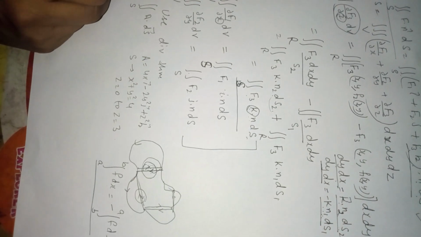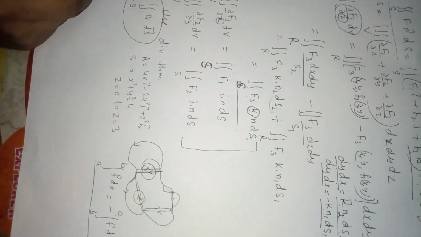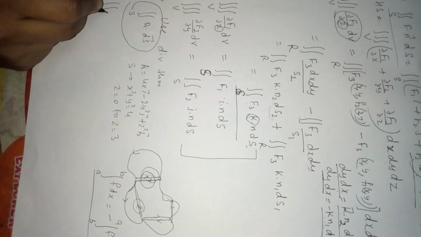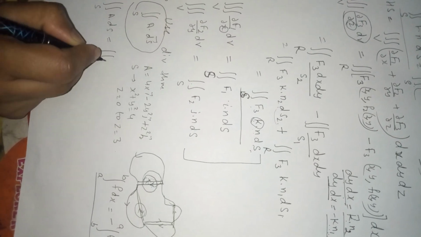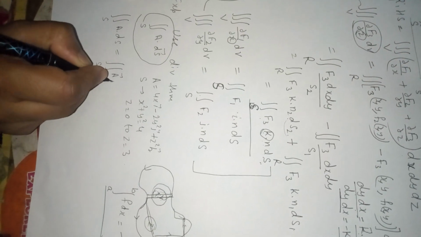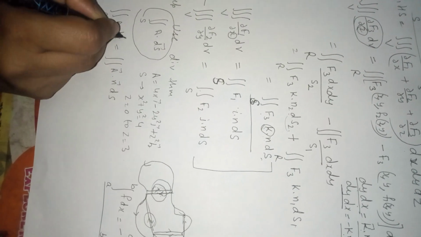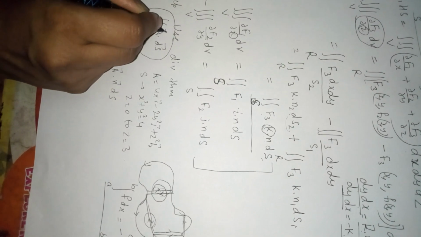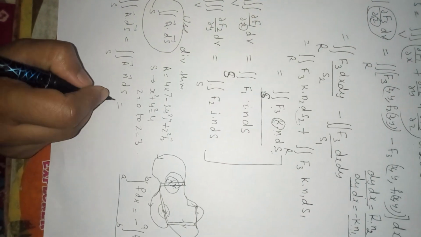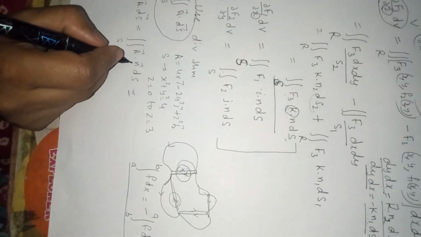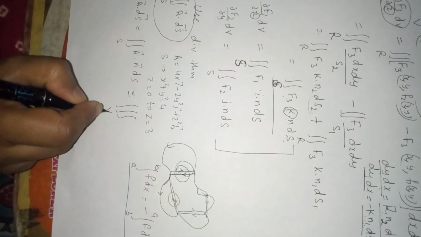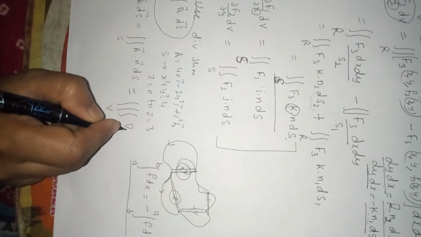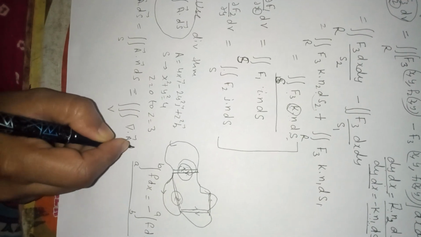So by the Gauss divergence theorem, we know that the double integral over S of A dot dS, in the surface integral definition A dot n dS, by the above theorem is equal to the triple integral of del dot A dV.